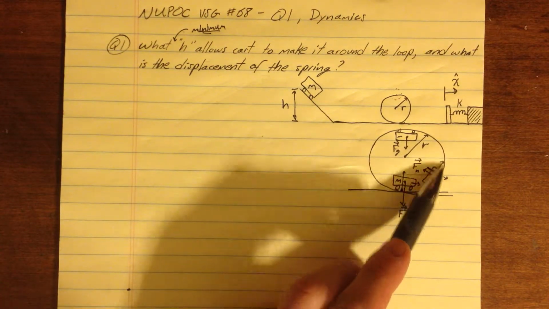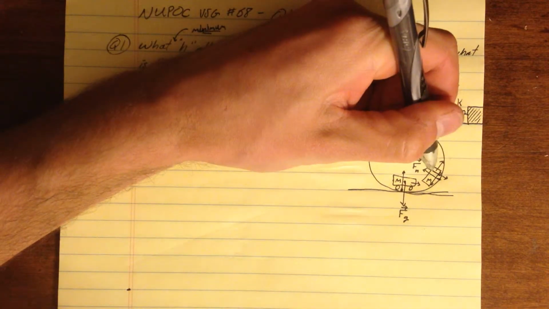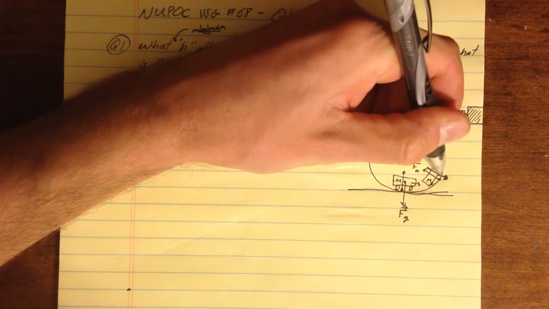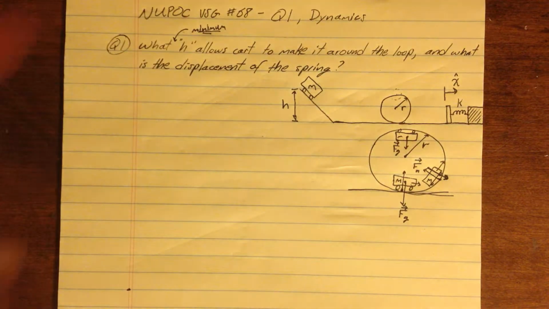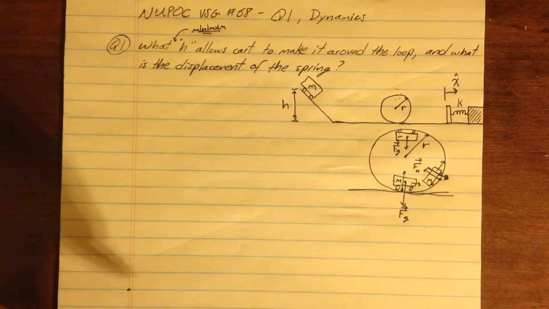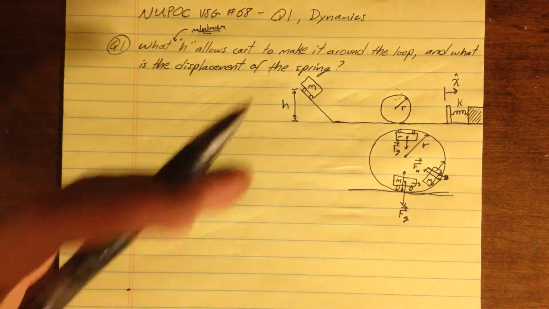It's just changing the direction of the vector. So in fact, the cart also pushes back on the track with the same normal force. So that's what we're going to call the normal force in this problem: the force of the cart pushing back on the track.